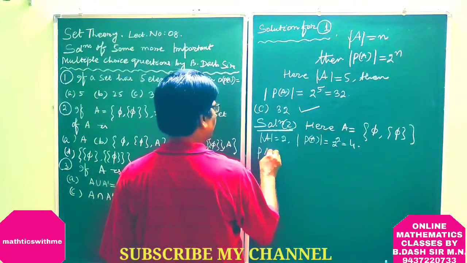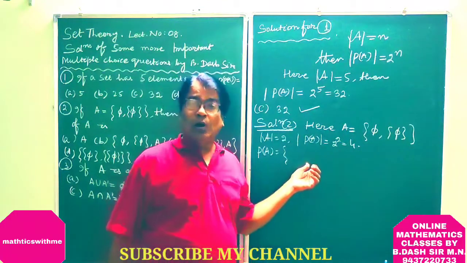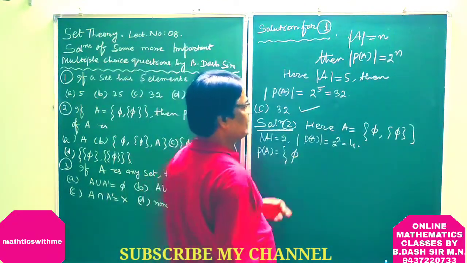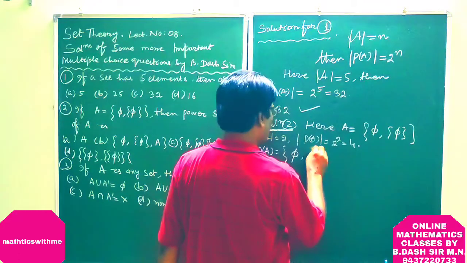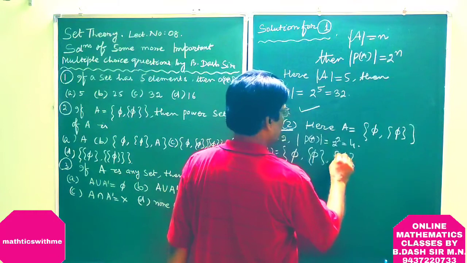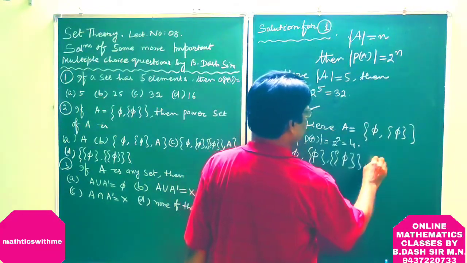Now the power set of A here is the collection of all possible subsets of A. Phi is a subset of this set. Now curly bracket phi, double curly bracket phi, and the set A itself here.